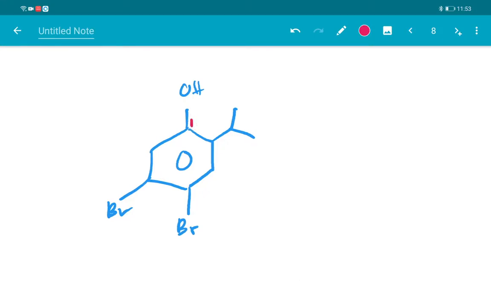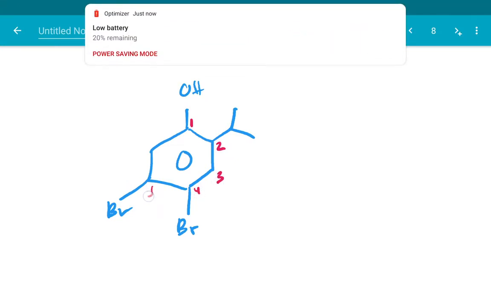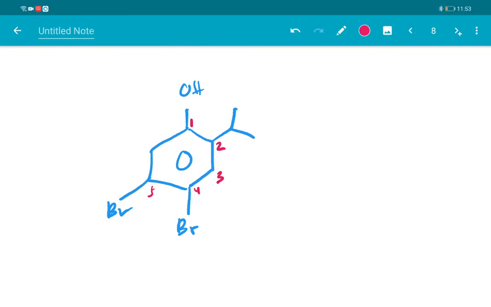Okay, OH yang saya letak pada carbon tu will be considered as the first carbon, and the numbering was chosen here because the lowest number of the substituent is positioned at carbon number 2. So the combination will be 2, 4, and also 5.